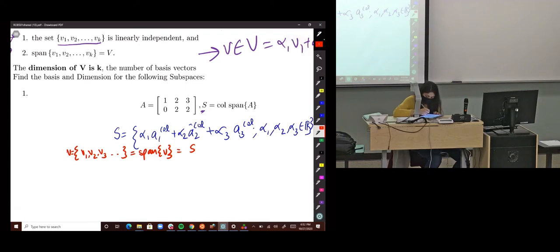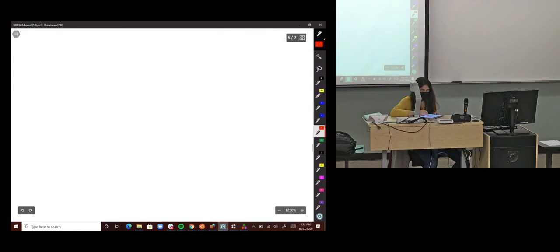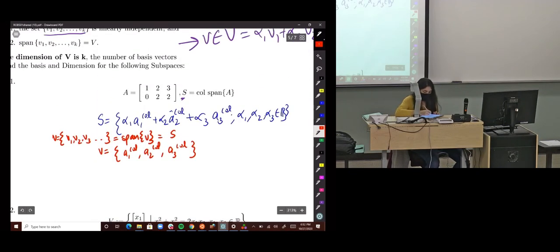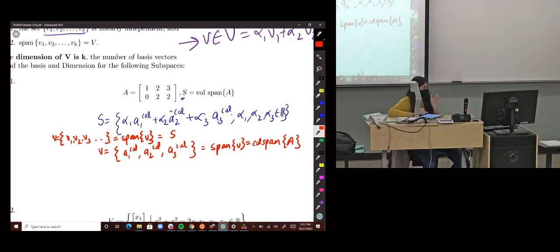Let's say I choose my V to be all columns of A. So the first column of A, the second column of A, and the third column of A is my set of vectors V. Now by definition, the column span of A is basically the span of V. So the span of V is equal to the column span of A by definition, because V is just a collection of all the columns of A, which is the definition of what a column span is.